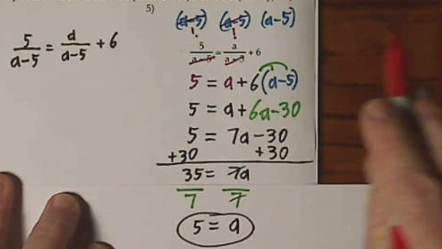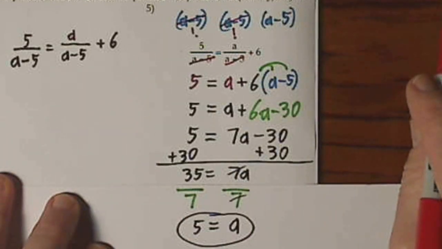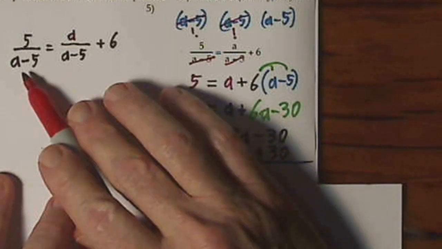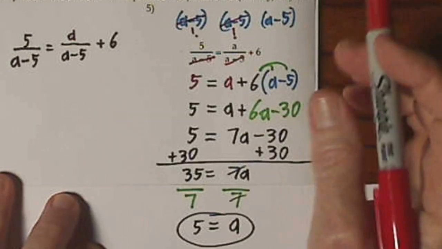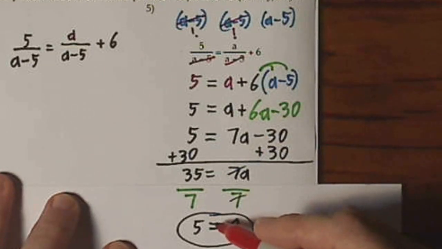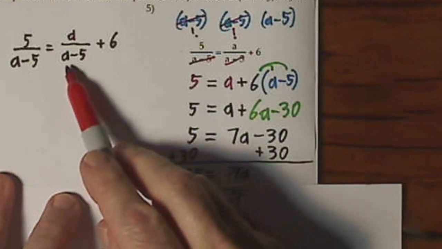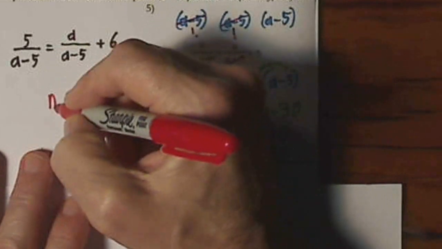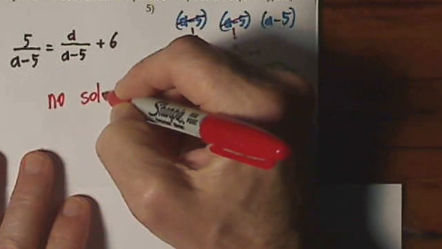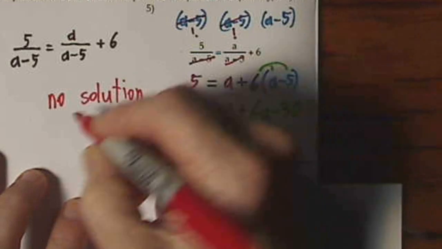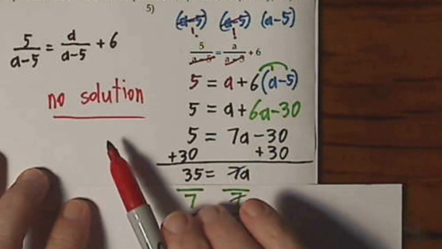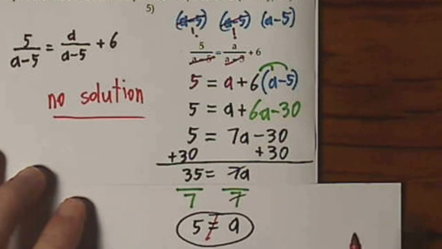So the entire equation is undefined. You cannot work with that. And again, here it would happen twice, but if it happens once, that basically does us in. So a cannot equal 5. It's not equal to 5. There is no solution.